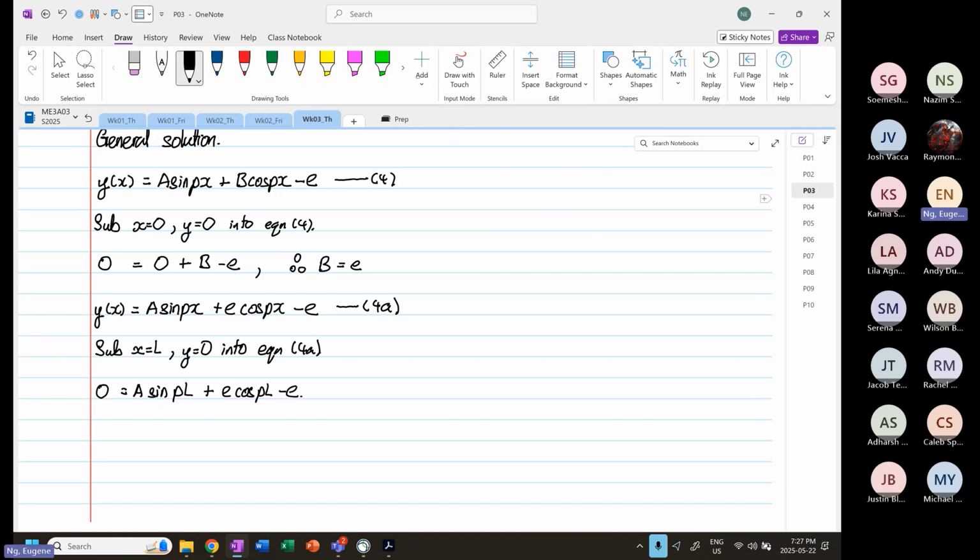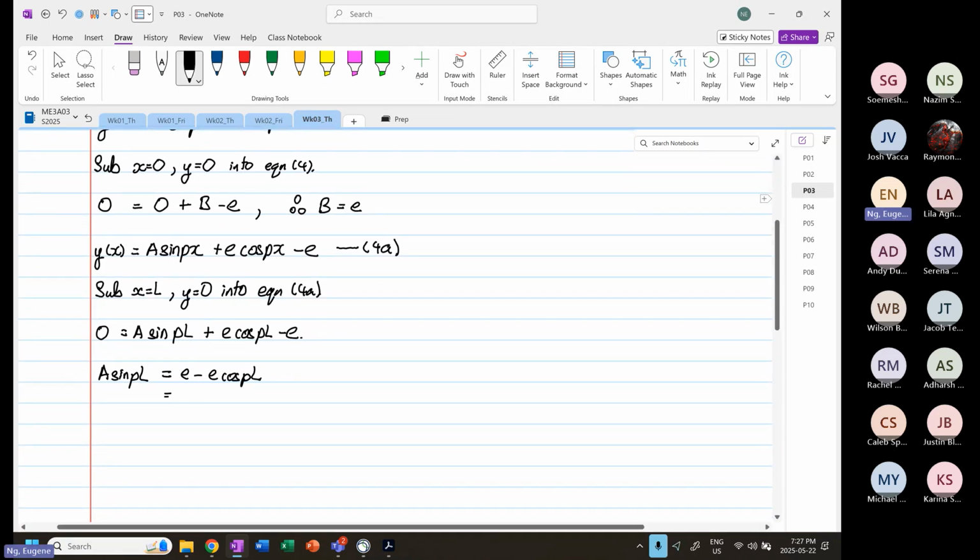Okay. Then we will move things around. So we have A sin pL, and this will be equal to e minus e cos pL. And if we were to rewrite this slightly, gathering the terms of the eccentricity e, it is e times 1 minus cos pL. Okay, and this is our equation 5.